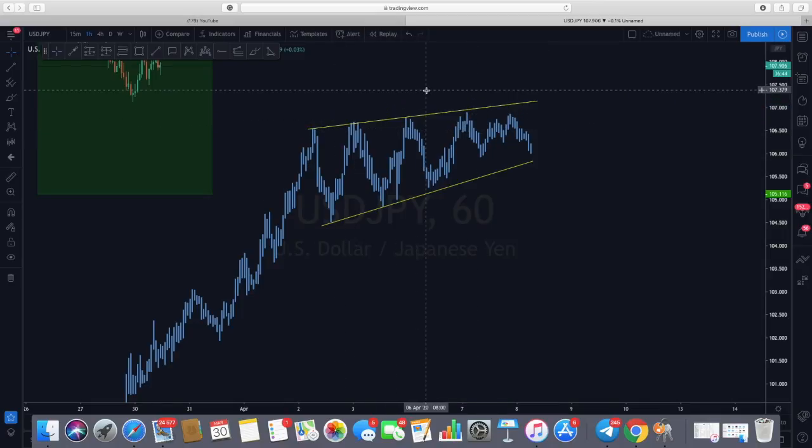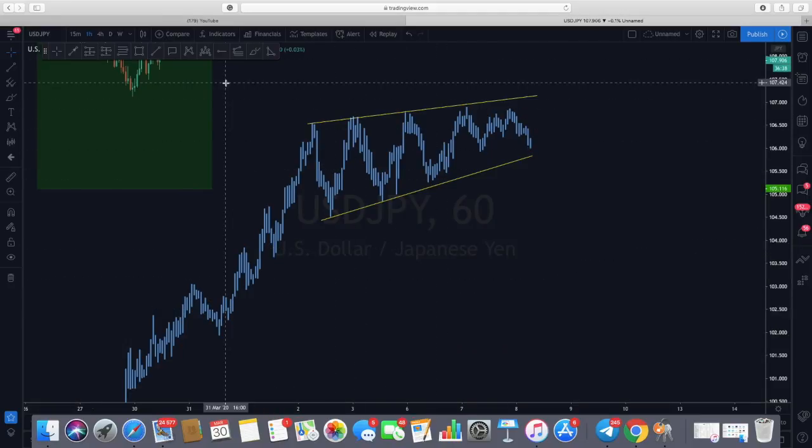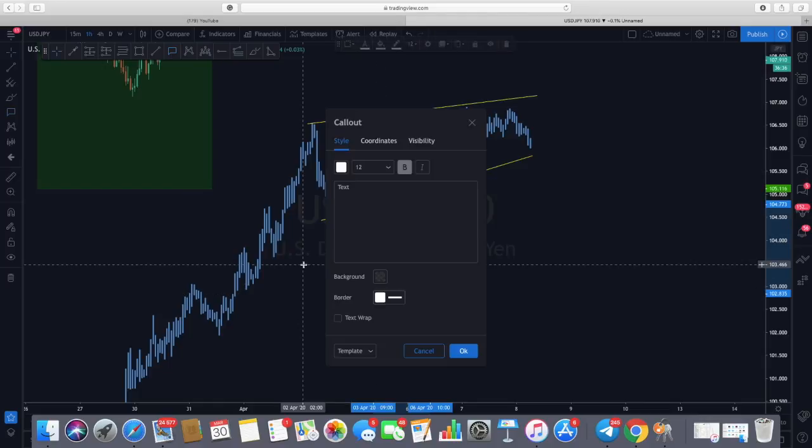Okay, right here. So just by looking at it, this is obviously my impulsive move that I just mentioned to you guys, and this is now my corrective move. With this correction here, you can simply see that yes, it's a correction, but it printed a pattern. This pattern is a rising wedge or ascending pattern.